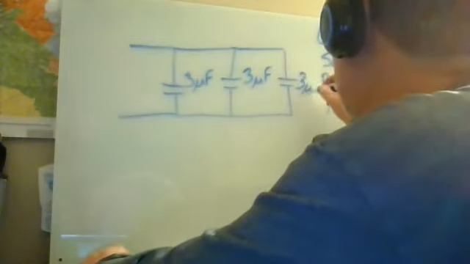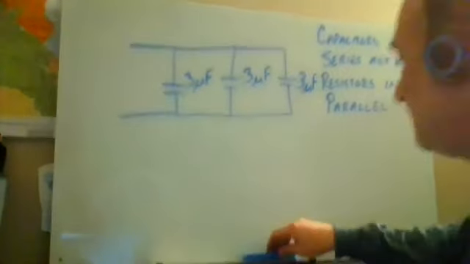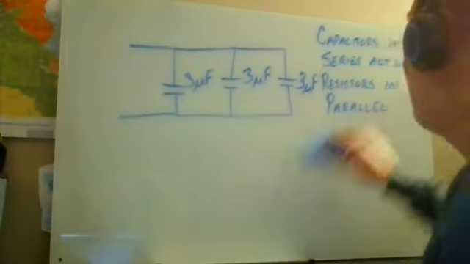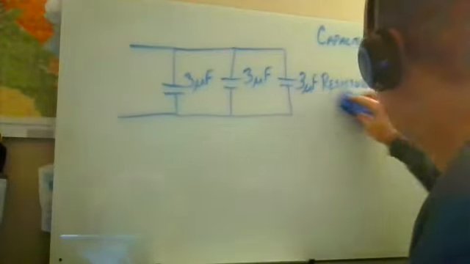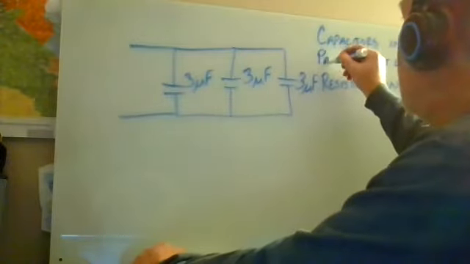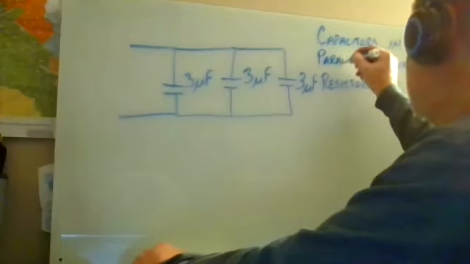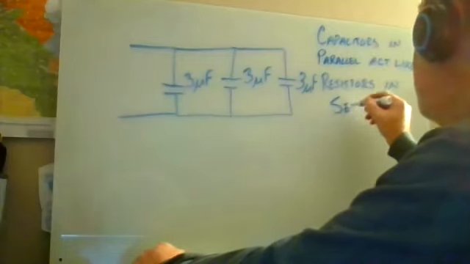Microfarads. So now they're all in what? Parallel. Oh, in parallel. Well, guess what? If they were in series and they acted like resistors in parallel, guess what they do if they're in parallel? They act like resistors in series.